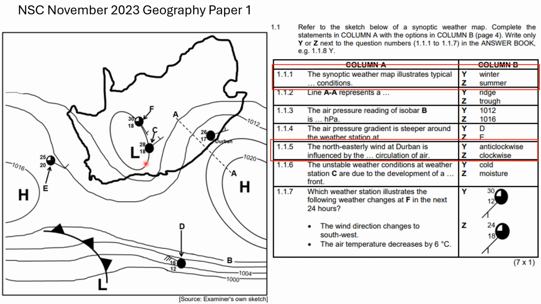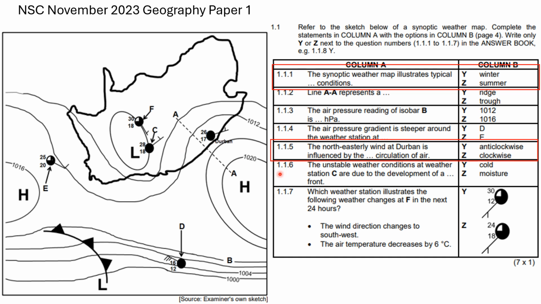In this case, it is a low pressure cell, which means that the pressure has gone low because the temperature has gone higher. So pressure decreases, temperature increases. In this case, the answer is Z, summer, because during the summer months when the temperature increases, the pressure decreases.